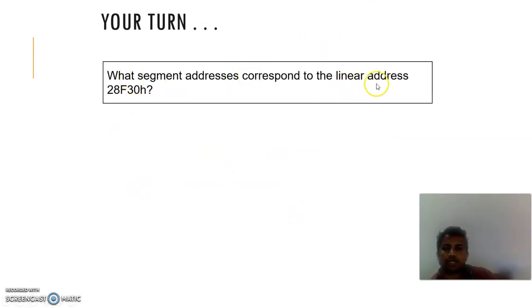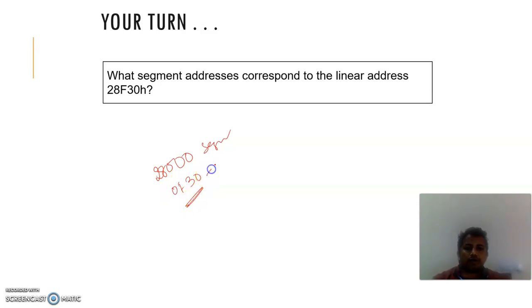What segment address is corresponding to the linear address 28F30H? Will you take this one? Here I can take 30000 as my segment address. My offset address is what? The offset address is 0 and 30.